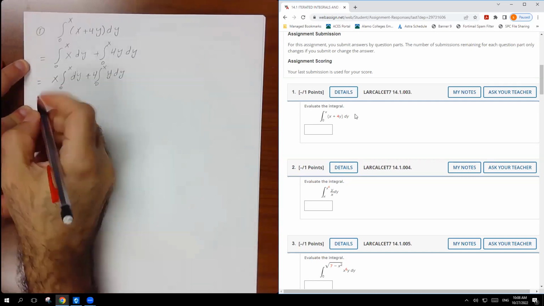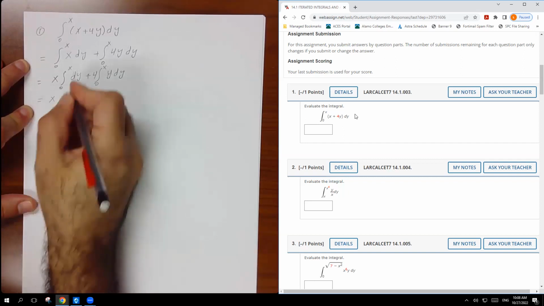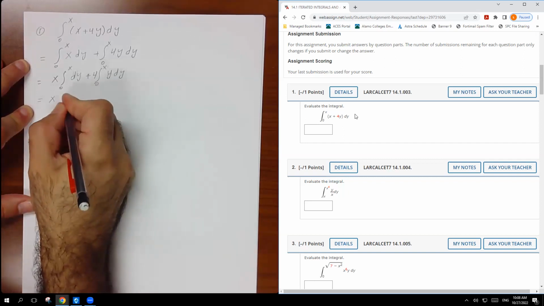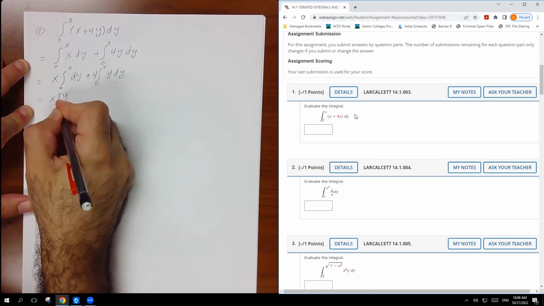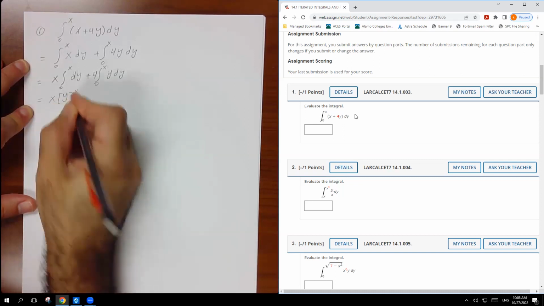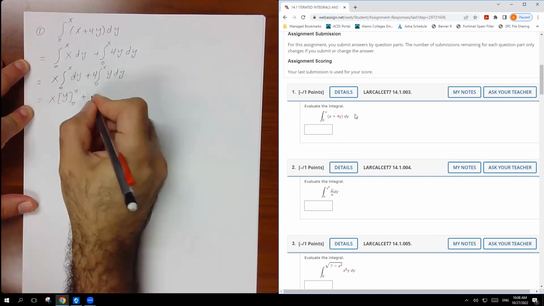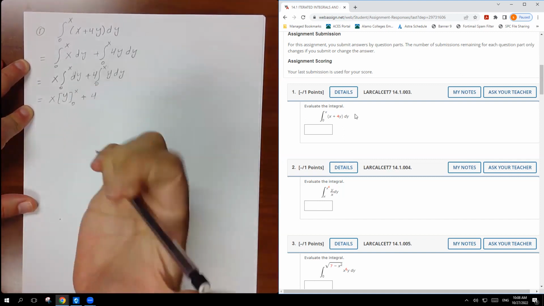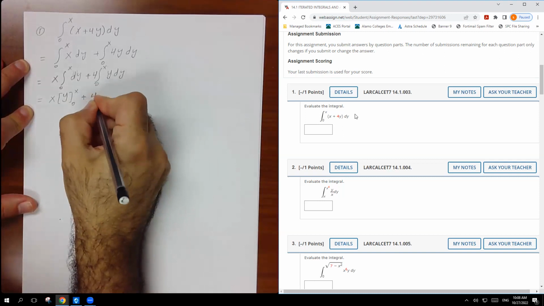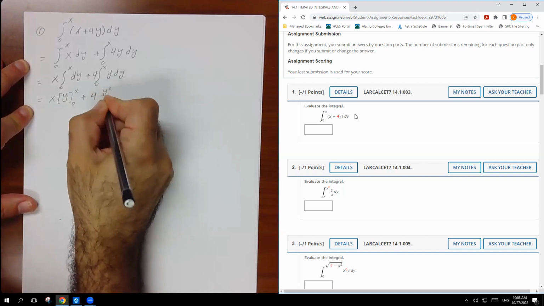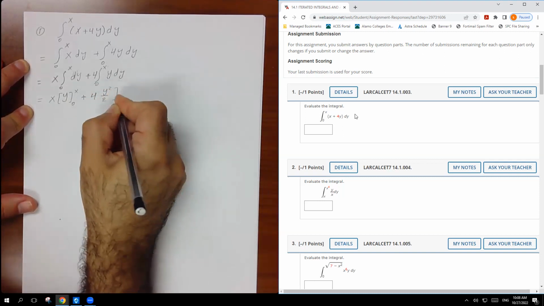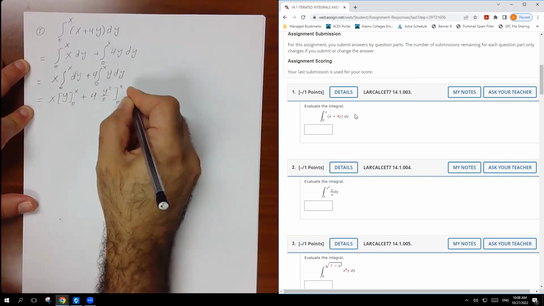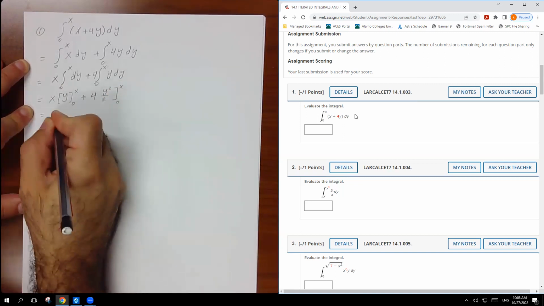The integral for dy is going to be y, from 0 to x, plus 4 times the integral for y, which is y squared over 2, from 0 to x.